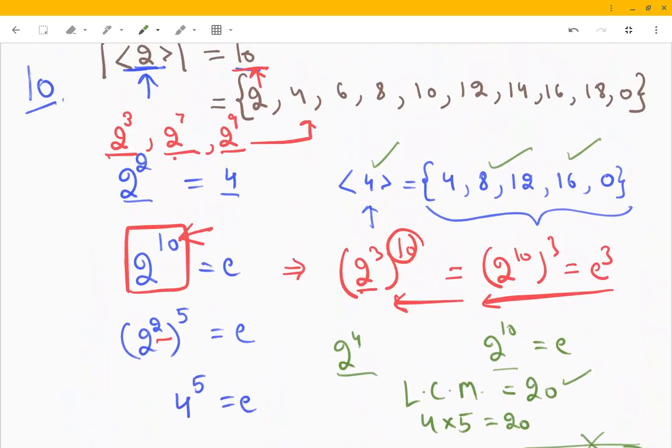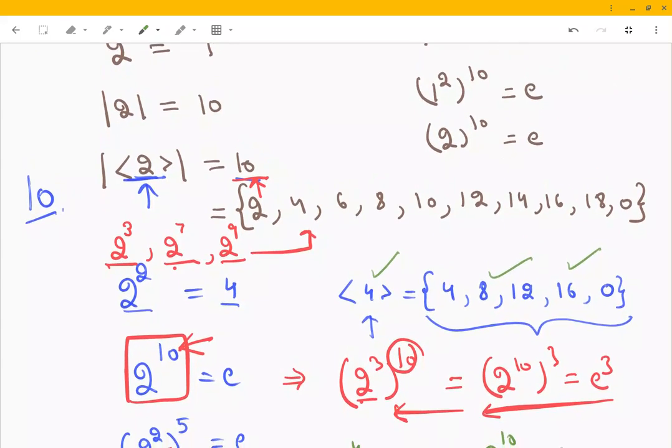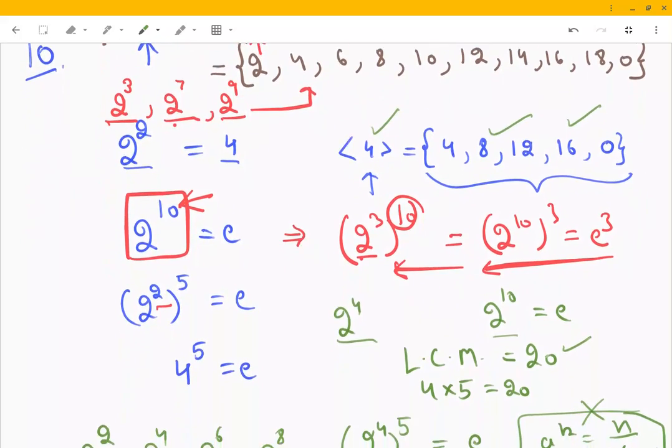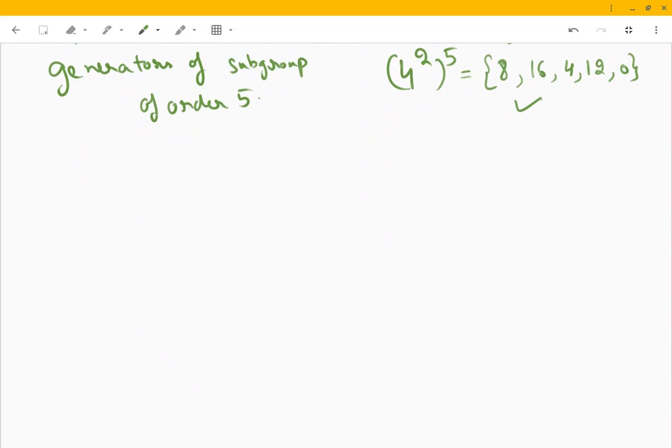What is left? See, 5 and 15. These two elements are left from the group. Now, what is the order of 5?